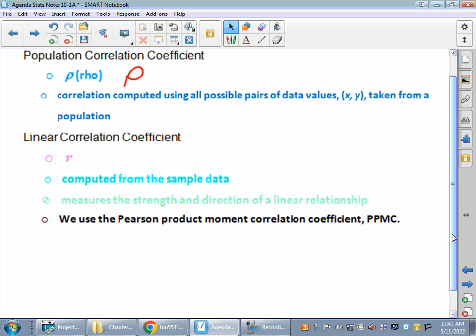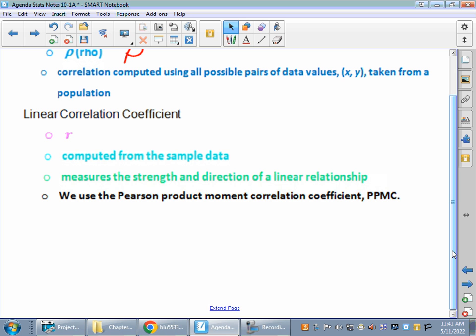This measures the strength and direction of a linear relationship. Strength and direction. So a positive or negative relationship, or a weak positive relationship. So we're going to do an actual computation and we're going to see what it tells us.